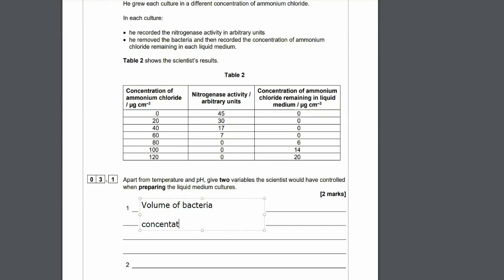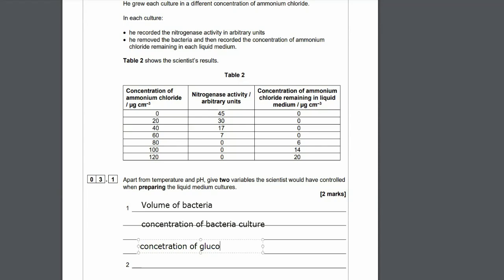A culture of bacteria is basically a solution with a certain amount of bacteria per unit volume, so per centimetre cubed or per millimetre cubed. You need the same rough amount of bacteria in each one. So the volume and concentration of bacteria should be controlled. I can't remember, I'd have to look again at the question whether they said the volume of ammonium chloride, which does need to be controlled.